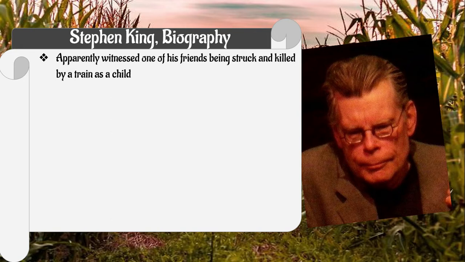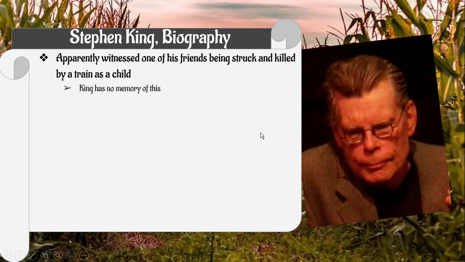Alright, so an interesting story about him is that he apparently witnessed one of his friends being struck and killed by a train when he was a child. The story went that he and this friend were out playing, and he came back in a completely catatonic state, pale, covered in blood, covered in dirt, sweating, and he wasn't talking to anybody.